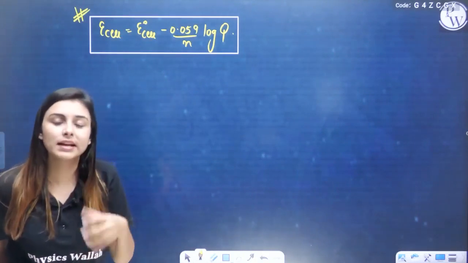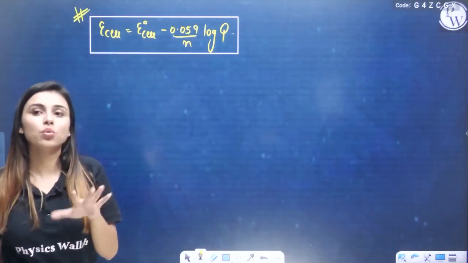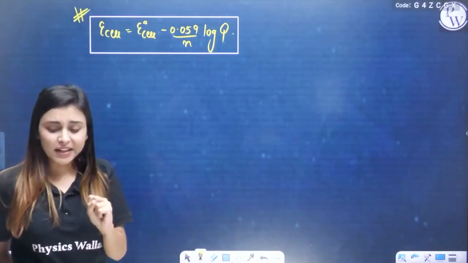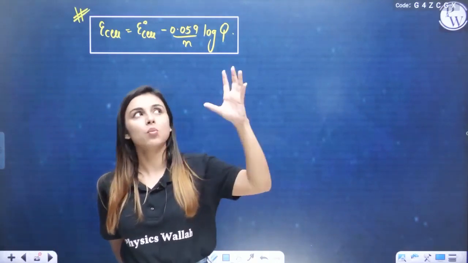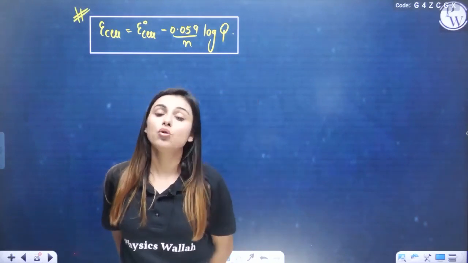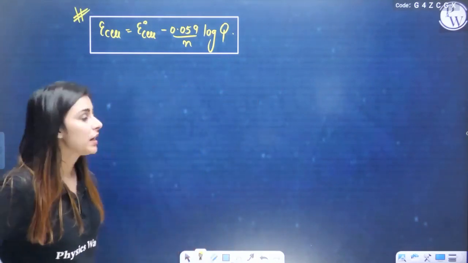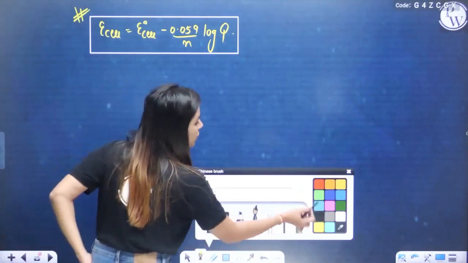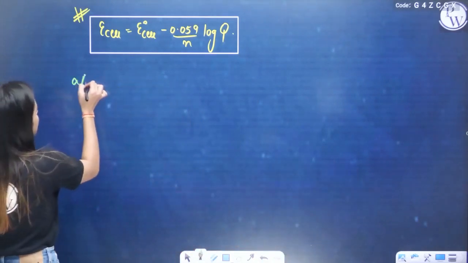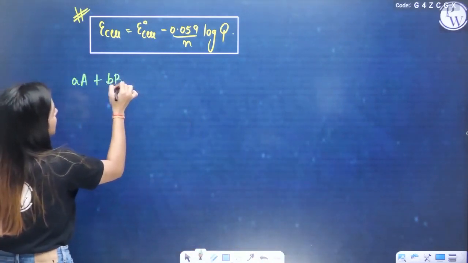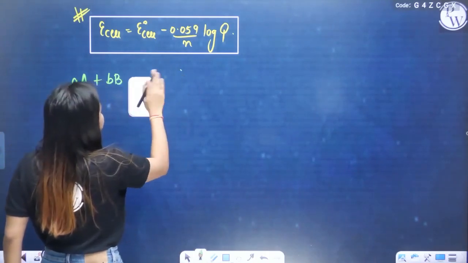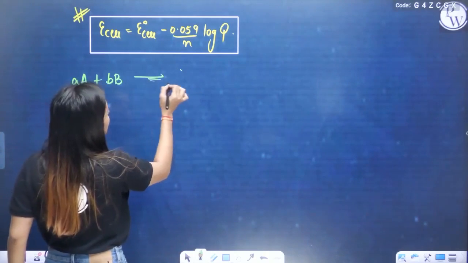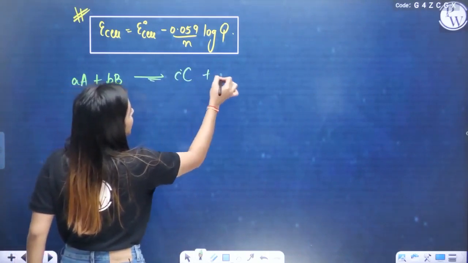Now you need to understand the reaction quotient. How are you going to calculate it? My dear students, when you studied the equilibrium chapter, I hope you remember a term which was reaction quotient. How did you calculate the reaction quotient? Let us say you have a chemical reaction aA plus bB gives cC plus dD.